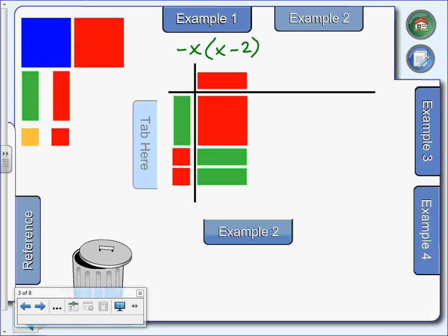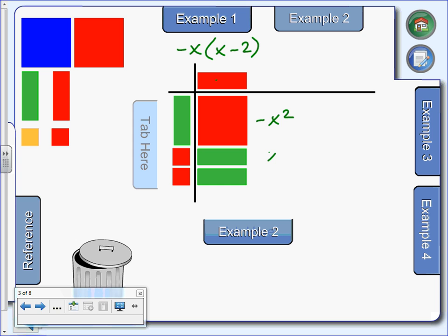The reason I did it that way instead of x minus 2 times negative x is just showing the order, okay? If you said x minus 2 times negative x, that's perfectly fine. I just rewrote it. Remember, we have the commutative property where I can change the order around, no big deal. Now, we need to remember, a negative times a positive. That's how we end up with this negative x squared. Okay, and then we have a negative times a negative.